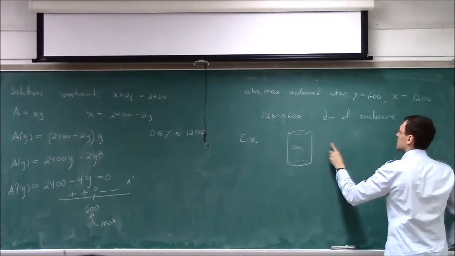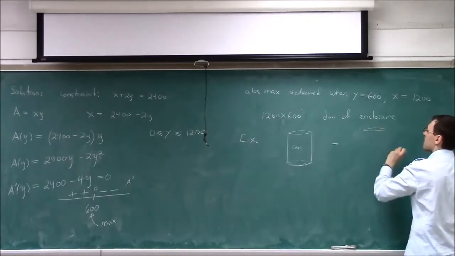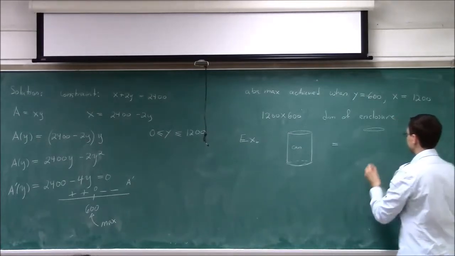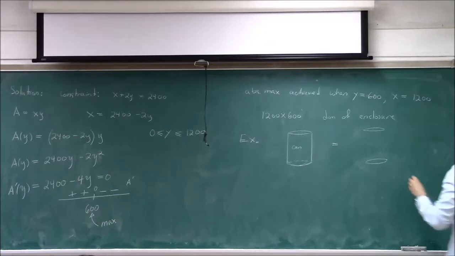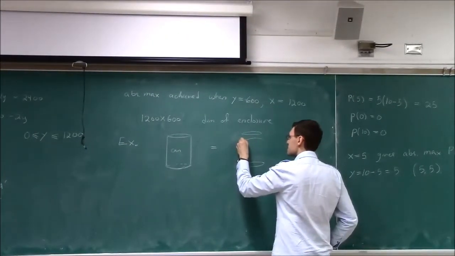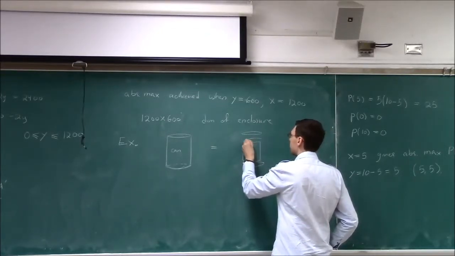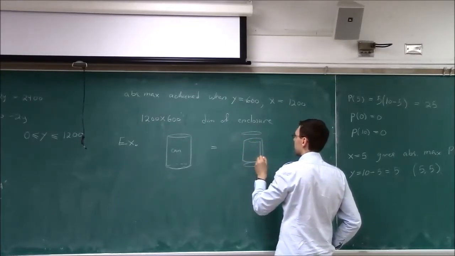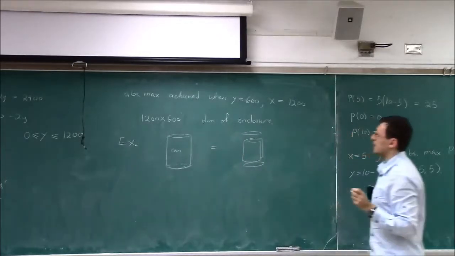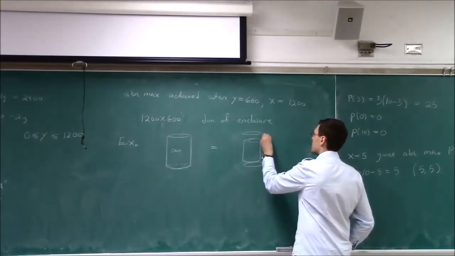And this can is constructed out of the lid and bottom and a flat sheet that you curve into a cylinder. Okay, so it's this plus that plus that.